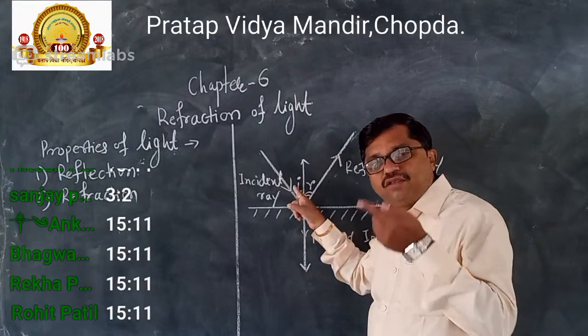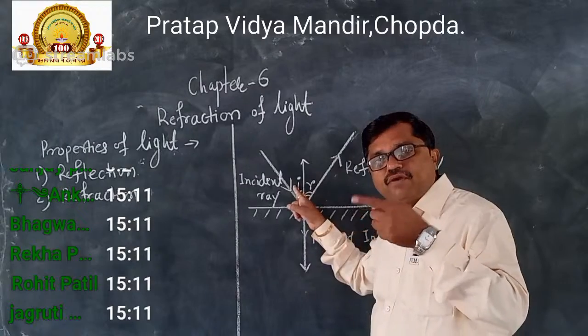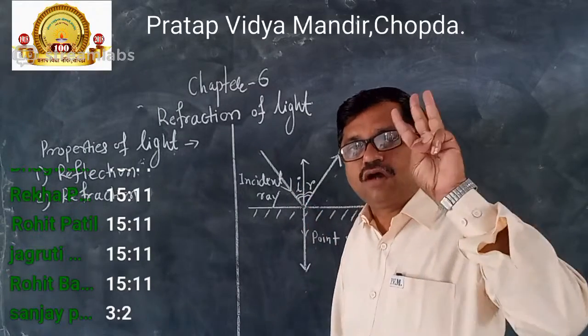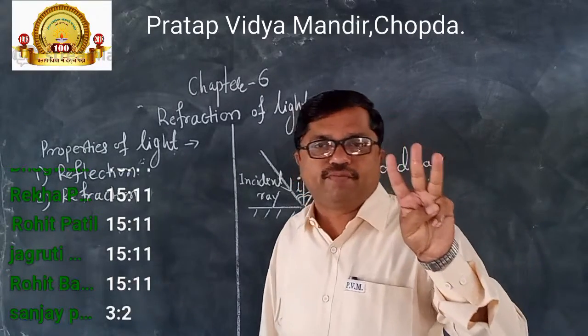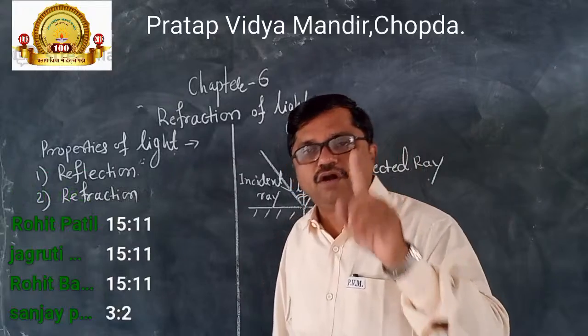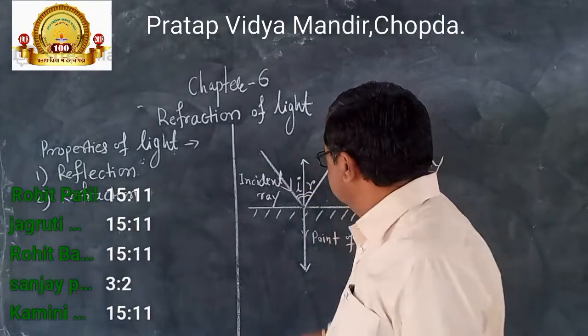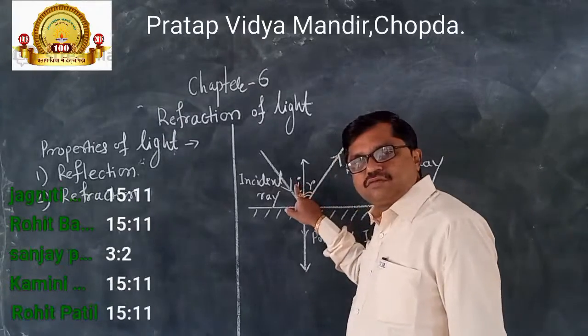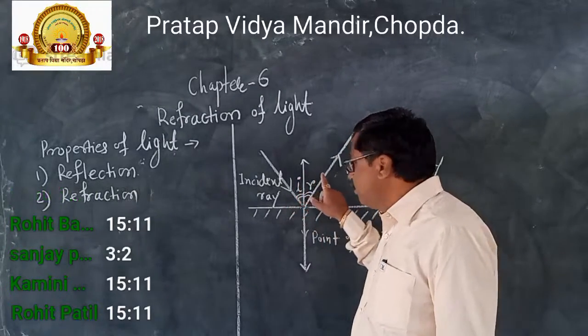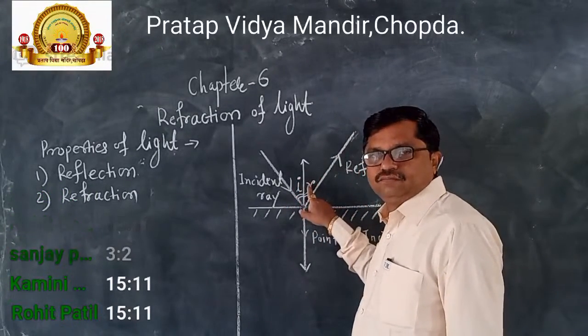On these angle of incidence and angle of reflection, what is the third law of reflection? The third law of reflection is that in the reflection of light, the angle of incidence is always equal to the angle of reflection.